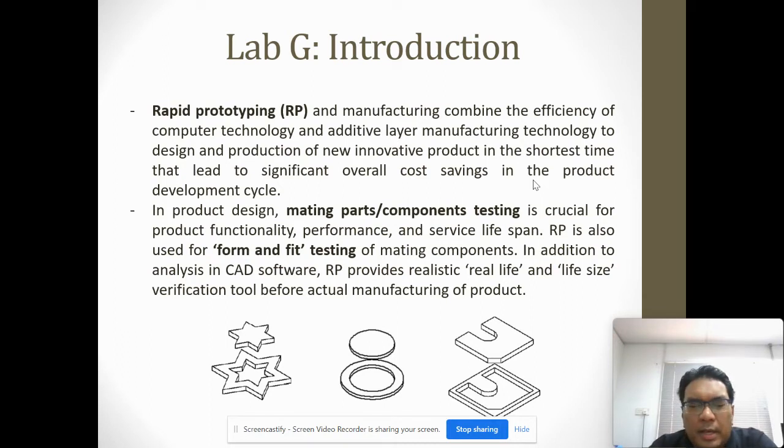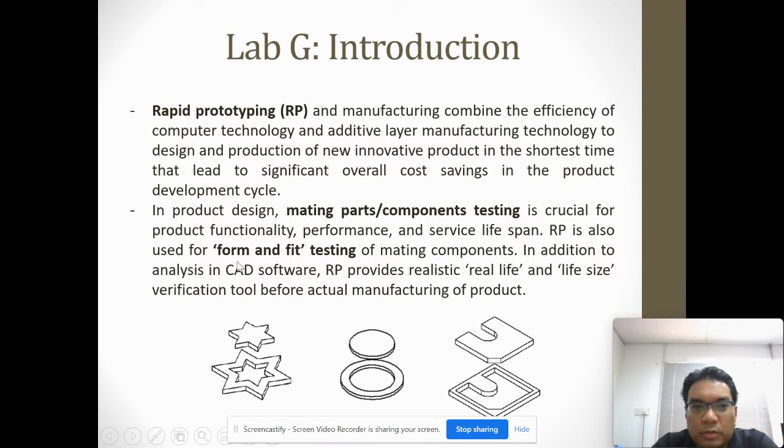With RP, after you design using software such as SolidWorks, you can directly print it, which can be completed in a short time, maybe about an hour, depending on the product you have developed. In product design, testing of mating parts or components is crucial for product functionality, performance, and service lifespan.